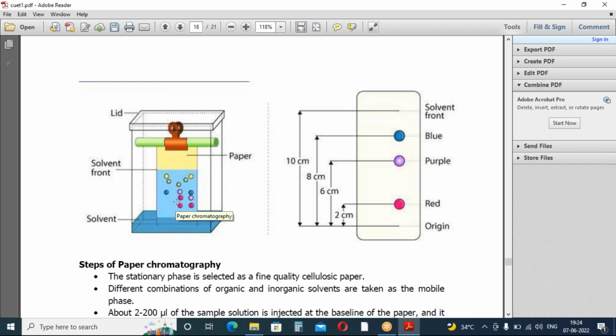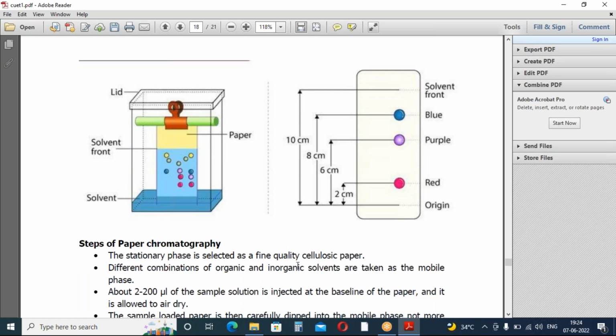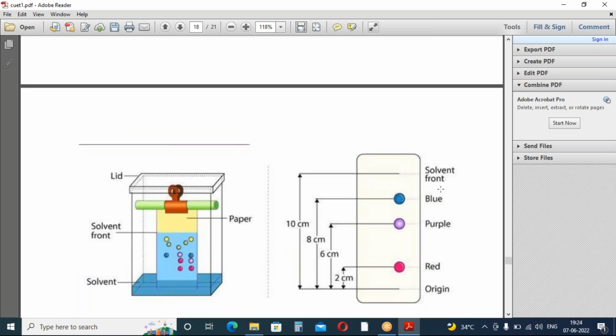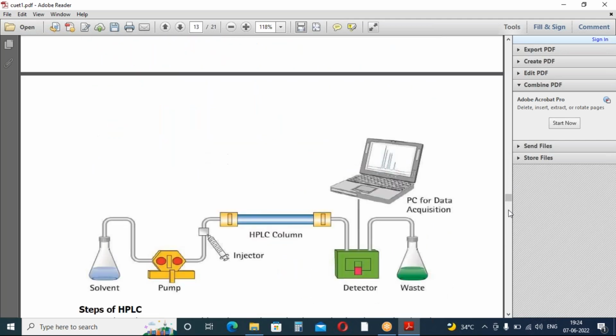Okay, and based on that, we are separating the components of the mixture, and from that we can observe different types of components. And here you can see the values that have to be applied in the preparation of this paper chromatography.